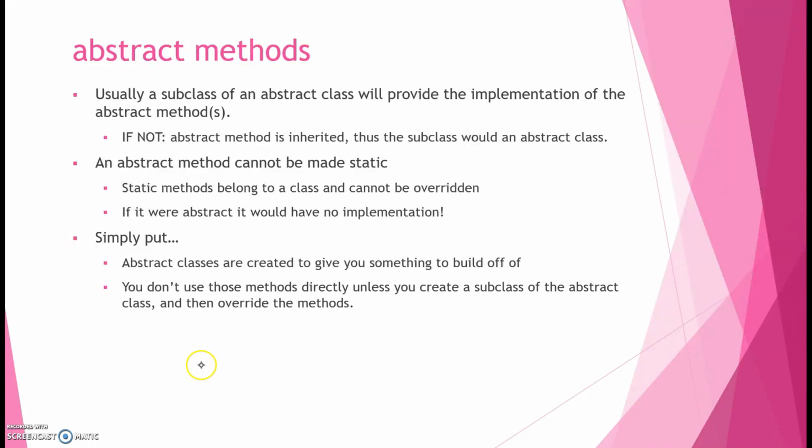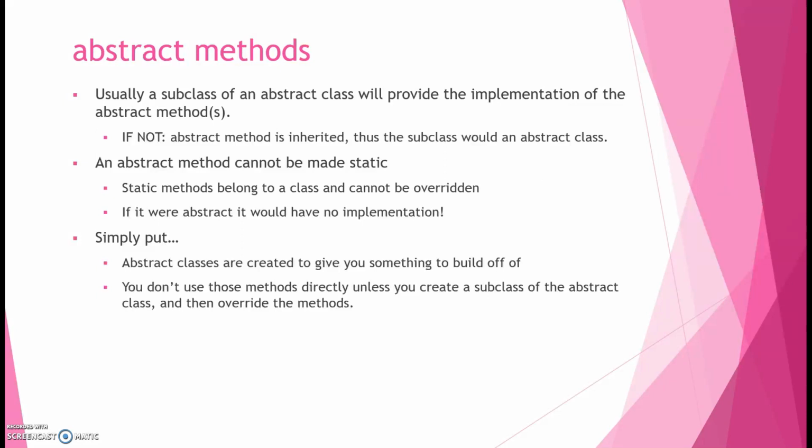All right, abstract methods. So, like I was talking about before, usually a subclass of an abstract class will provide implementation of those abstract methods. If it doesn't, and the abstract method is inherited, which it is, then the subclass is also abstract. Okay, so it's important to know that abstract methods must be overridden, and if they are not, then that class itself is also abstract.